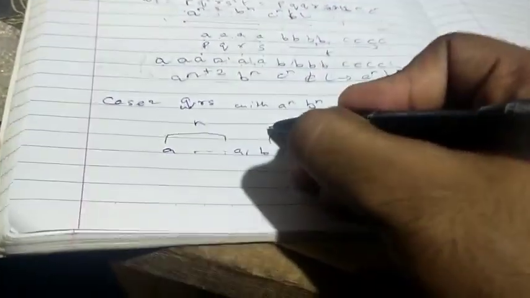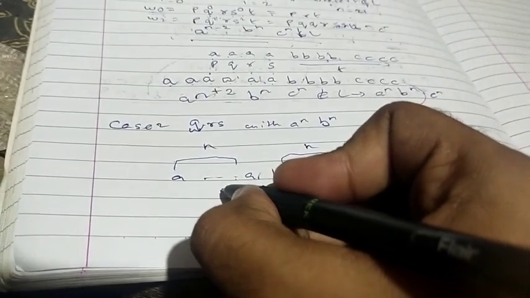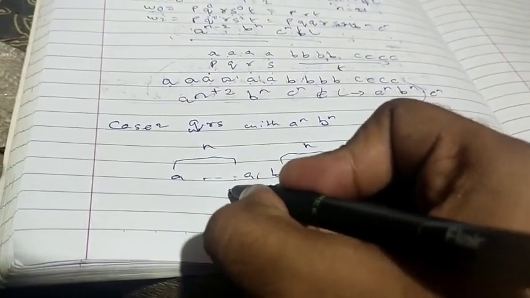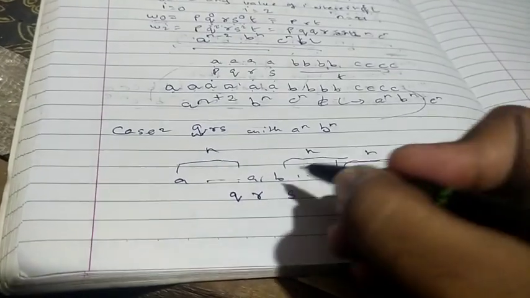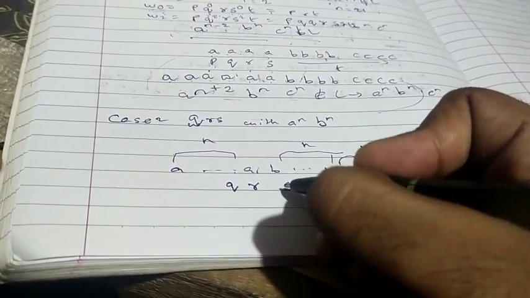This is n, this is also n, this is also n. So how will you divide? Here it is written QRS is within A and B, so we will take Q on one side and S on one side. So Q is on A, R is on A, and S is on B.